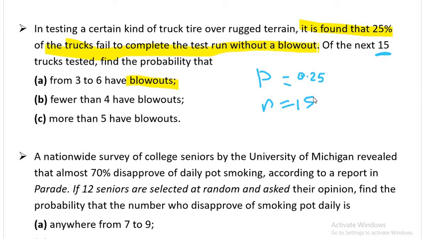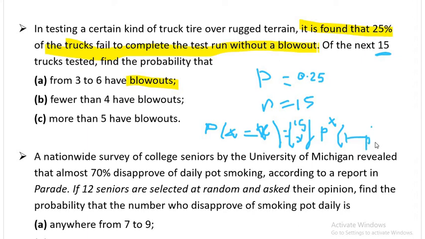So you can write 15CX, P to the power X, and 1 minus P to the power 15 minus X. So your probability of X equal to small x is equal to 15CX, P to the power X, which is 0.25, and 1 minus P, which is 0.75, to the power 15 minus X. Okay, very bad writing, but let's pardon, it's difficult to write the formula with the mouse, sorry.